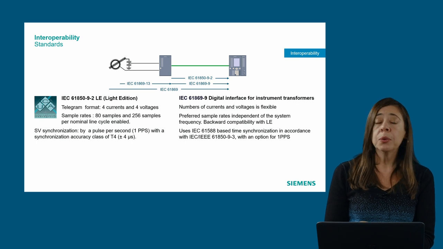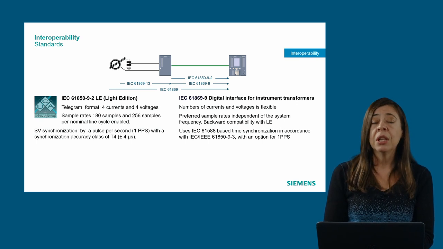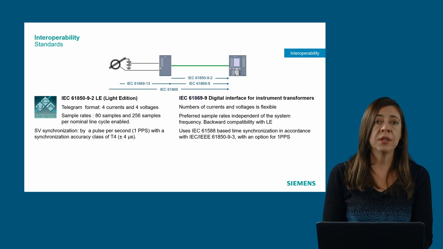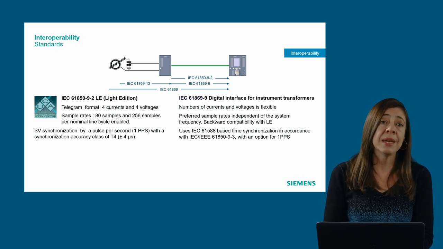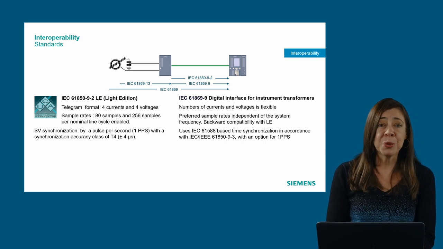And now we come to the sample value synchronization. For the Light Edition, it was defined that the way to achieve this synchronization was using a PPS signal. Remember, this standard was released in 2003.